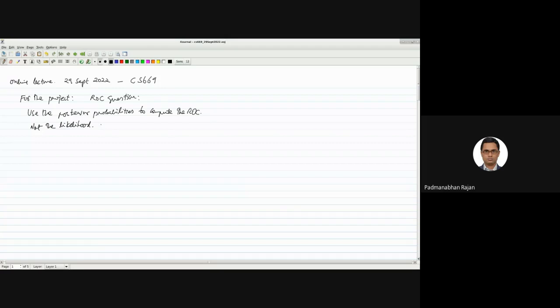In the video, I have mentioned use the likelihood. This is wrong. Use posterior probabilities, not the likelihood. Whatever thresholding you are doing, you have to do it on the posteriors, not on the likelihood. Only then will you get the expected result.